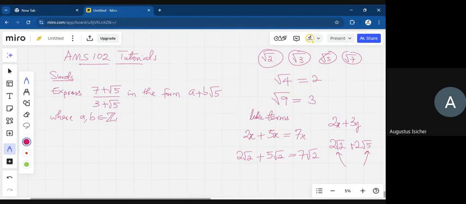You can't add these two things. This is the final answer. The best thing you can do in this situation, because they have the same coefficient, is to factor out the coefficient so that you have your answer as 2 into 2 plus root 5. These two terms cannot be added together because they are unlike terms.